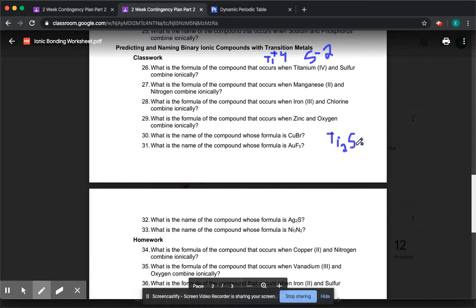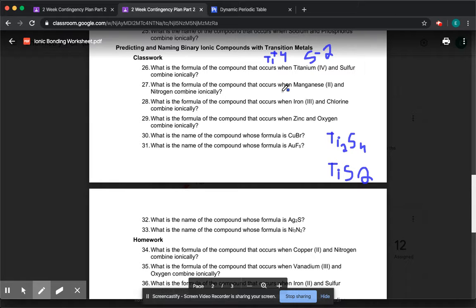Ti2S4. This can be reduced, and it can be reduced to TiS2. Okay. So remember, if you're going to do the cross method, you just have to remember to reduce if possible. If you do the addition method, right now you have a +4 charge and a -2 charge. If you add them up, you get +2.